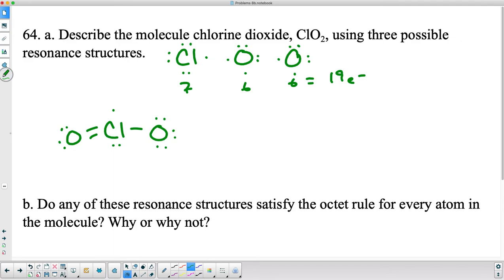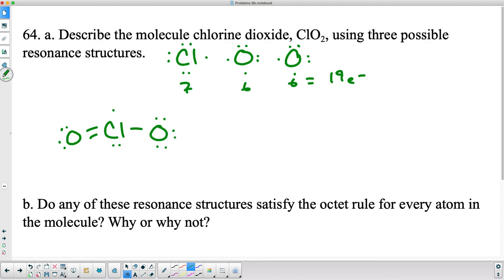If I do something like this, at least this oxygen is going to get us closer. That gives chlorine only 9 electrons and 6 assigned. So that might be a little bit closer.